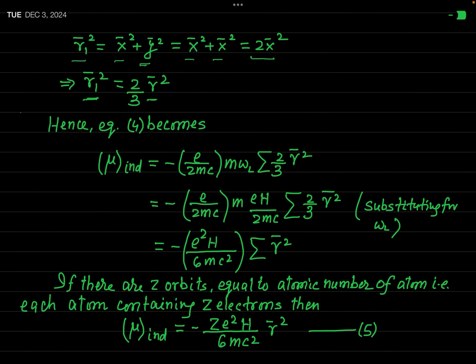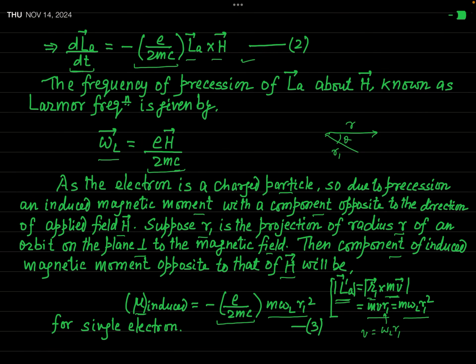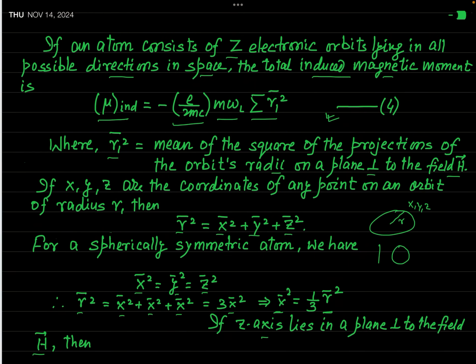In equation 4, let us substitute it, and you can see mu induced will be equal to minus e over 2mc m omega L summation 2 by 3 r square bar. But you have already defined this Larmor frequency omega L. What is this Larmor frequency? You can see I have defined it here. If you write only the magnitude, omega L is simply eH over 2mc.